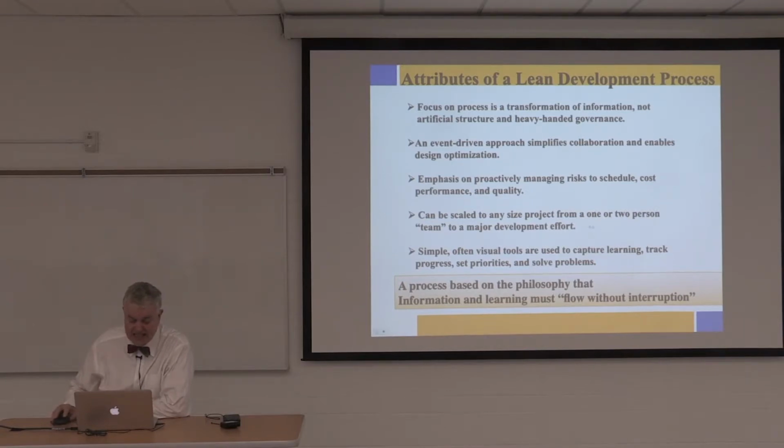It can be scaled to any size of project, from a one or two person team to a major development. So in other words, you're designing a process which can be scaled to large-scale products or processes or services that you're building. Simple, often visual tools you use to capture learning and track progress. A process based on the philosophy that information must flow without interruption.